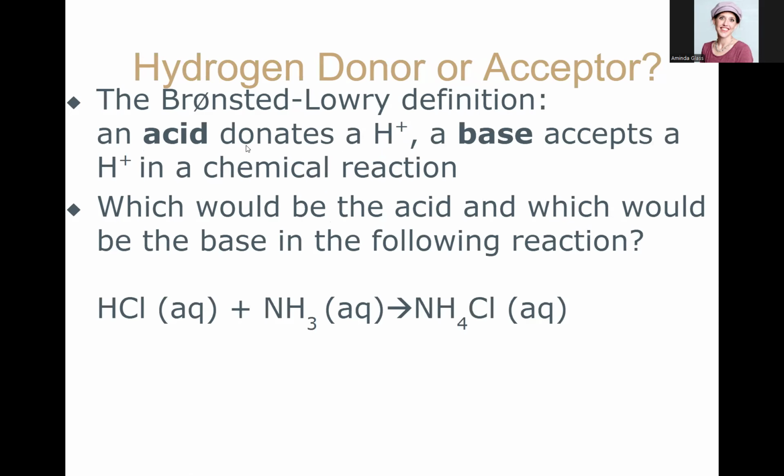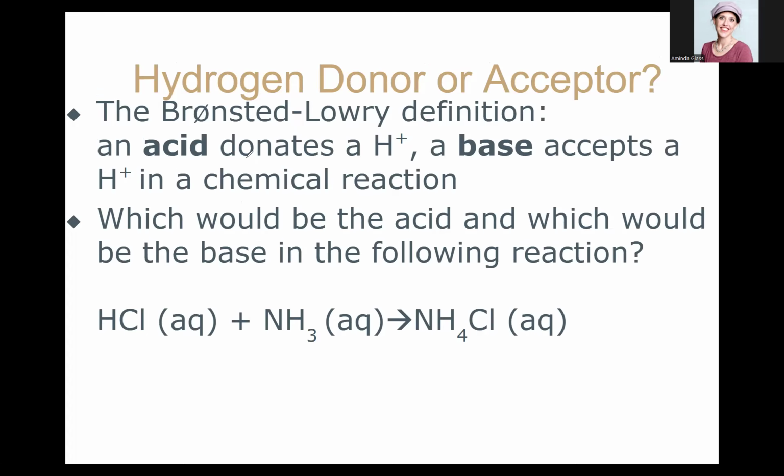So knowing that, Bronsted acid donor, which would be the acid and which would be the base in this reaction? Well, we have hydrochloric acid, we have ammonia, we have ammonium chloride here. So what happened?